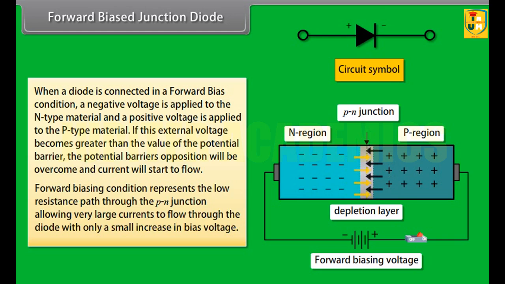Forward biasing condition represents the low resistance path through the p-n junction, allowing very large currents to flow through the diode with only a small increase in bias voltage. The actual potential difference across the junction or diode is kept constant by the action of the depletion layer.